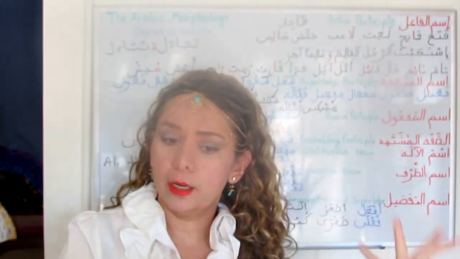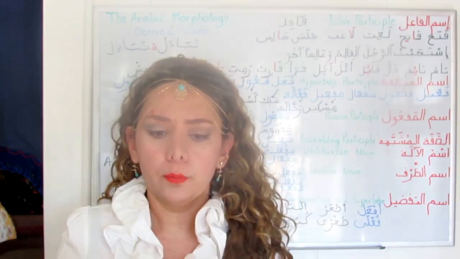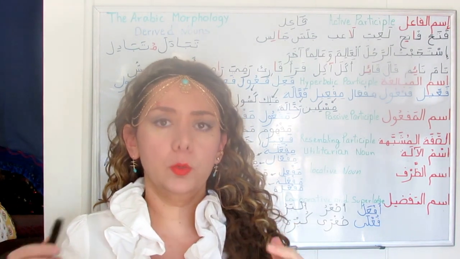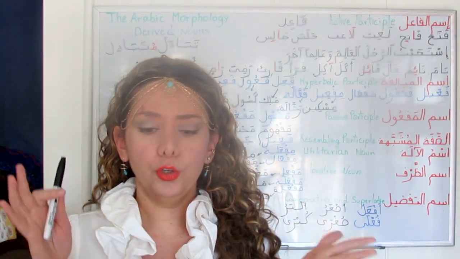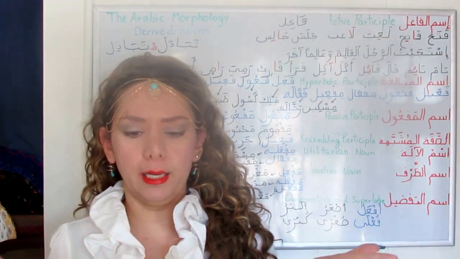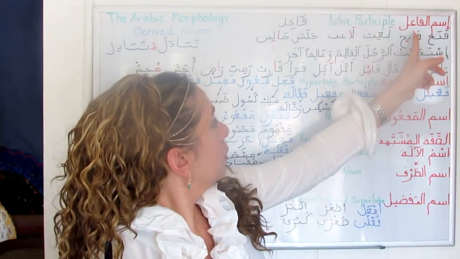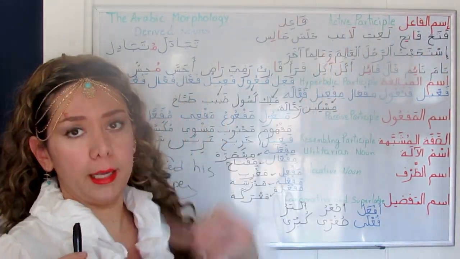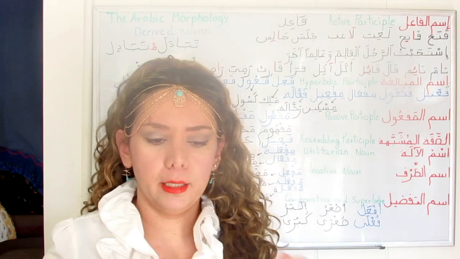So with 3 letters, the active participle would follow the pattern فاعل. That's why it's called اسم الفاعل.